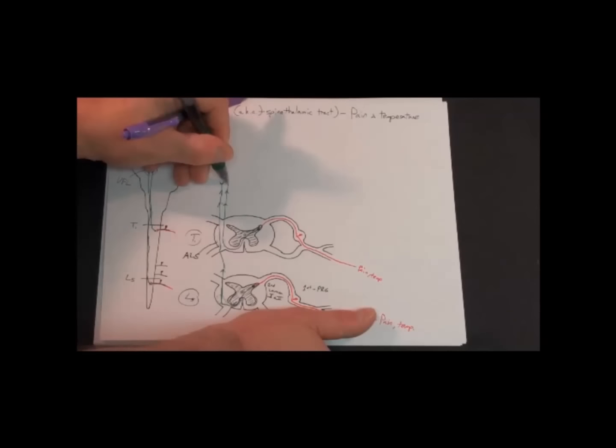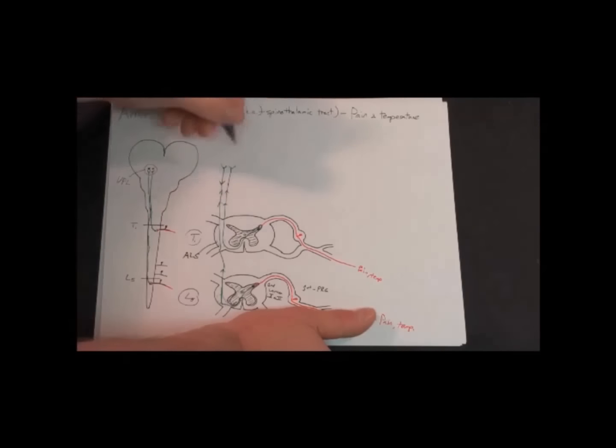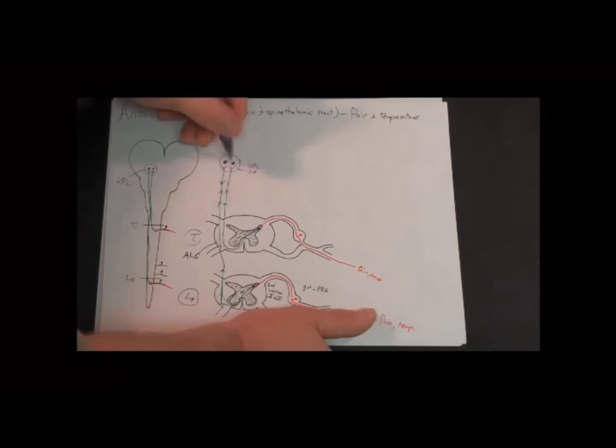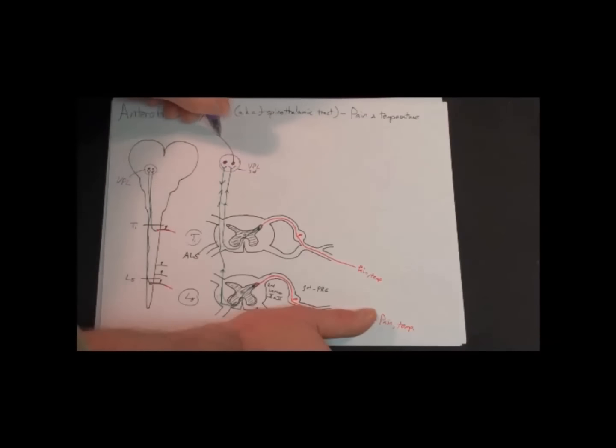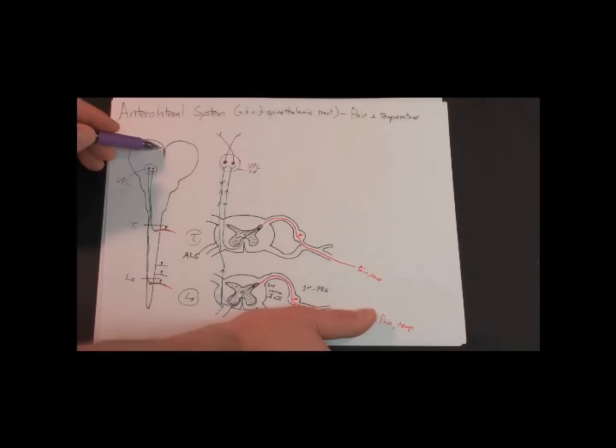So let's draw that in here. So these guys come in. We're going to go a little higher up. They're going to head up, synapse with third order cell bodies in the VPL, and at that point they're going to head off to the appropriate area of cortex. So if it's axons that are coming from the lower limb, they're going to end up right around in here.